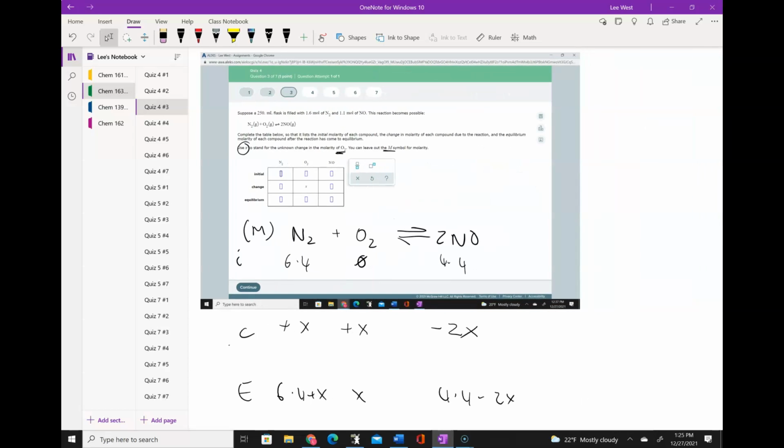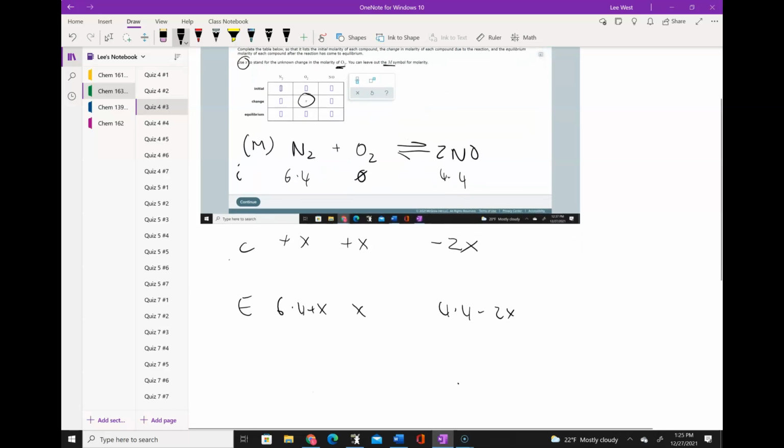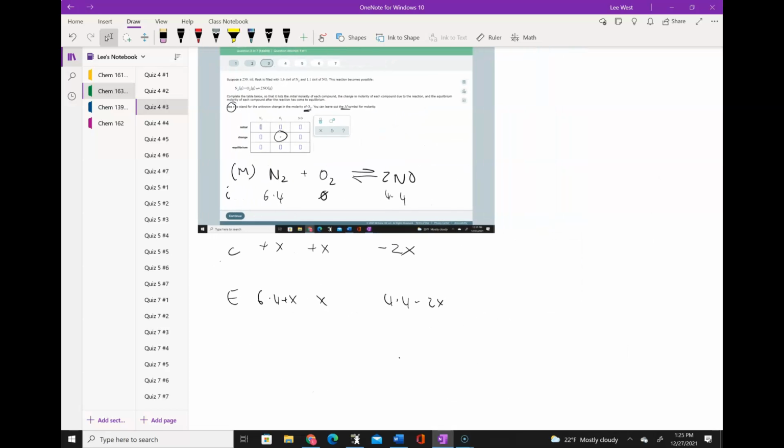So this is really important, like what they say that X is going to stand for, because I'll show you something. If we had it that X equals the change in the concentration of NO, then our table would look a lot different, right? What would happen is that these would still need to be in the ratio of 1 to 1 to 2, these changes.